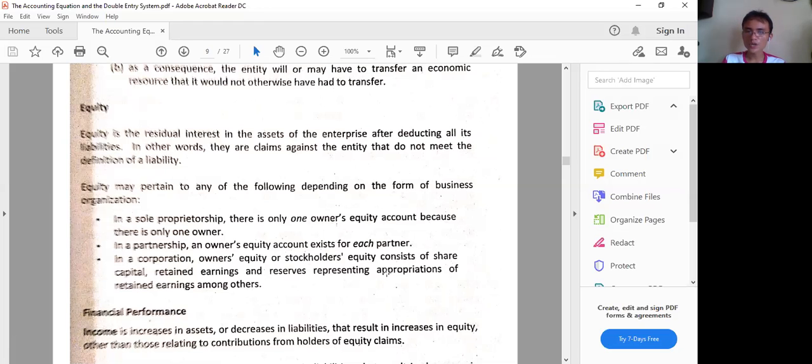And the equity is called partners' equity. The apostrophe is after the S because it's plural. For a corporation, we call them stockholders or shareholders. Notice the apostrophe after the S. Shareholders is the new term under International Financial Reporting Standards. Then for cooperatives, we have members. We call the owners members.